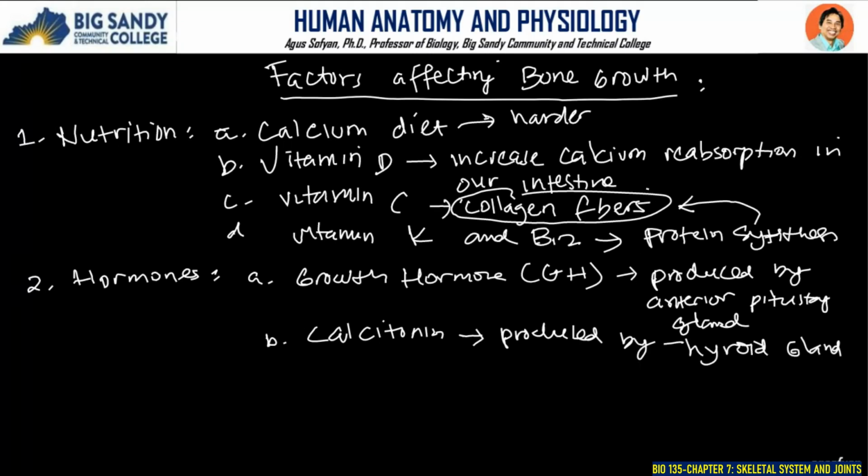And this calcitonin is needed to stimulate osteoblasts. Okay. Remember, osteoblasts are the ones that build the bone. So this osteoblast activity will be stimulated by the calcitonin. So these hormones are really important to make our bones become harder and also grow taller and thicker.